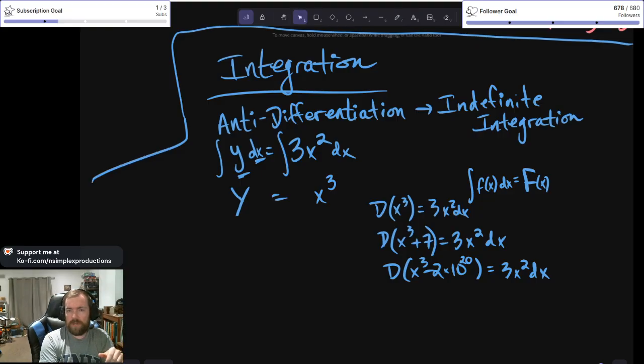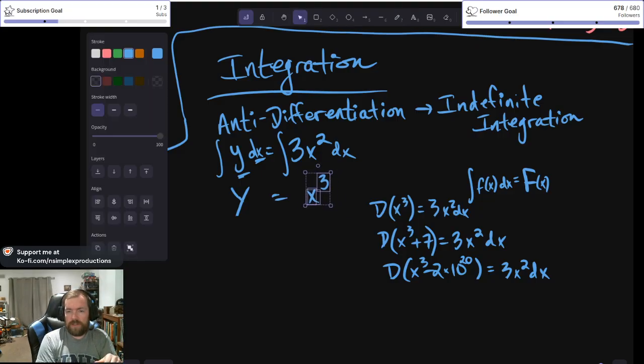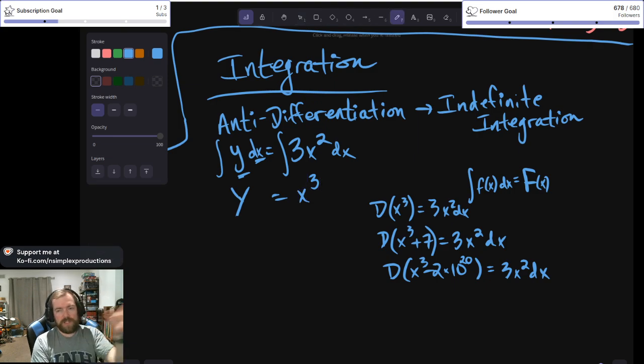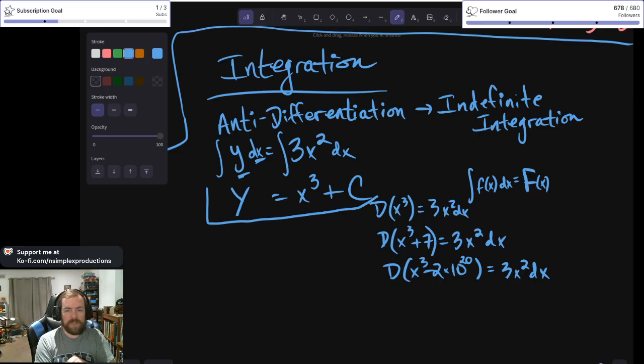So here what we do is we say, okay, the antiderivative of 3x squared dx is going to be x cubed plus some other number. It has to be a constant. We don't know what it is, so we just call it c. Be done with it. We let it be a capital C just because it's of the integration type.